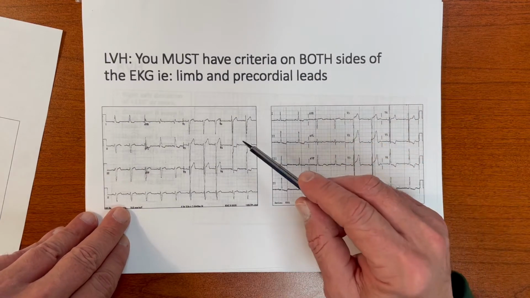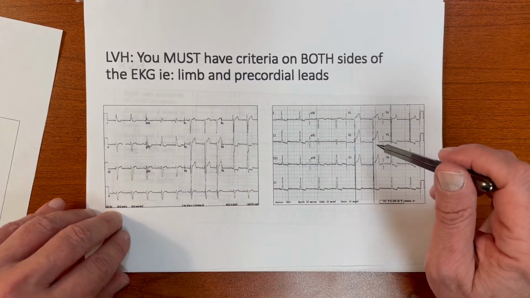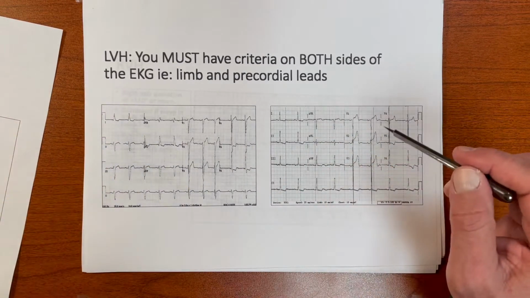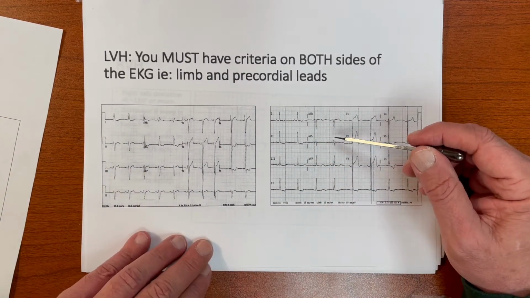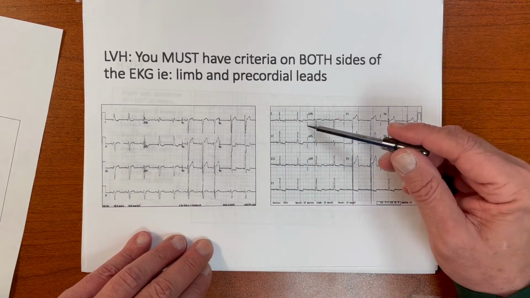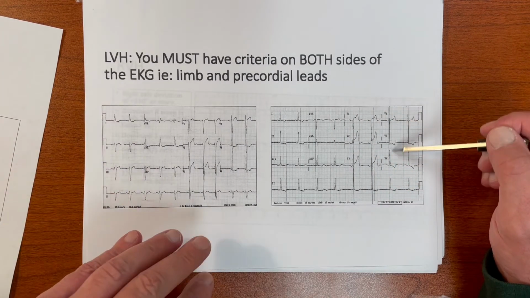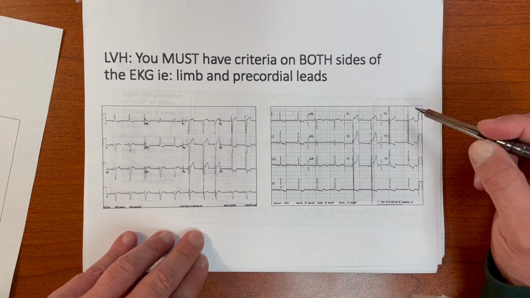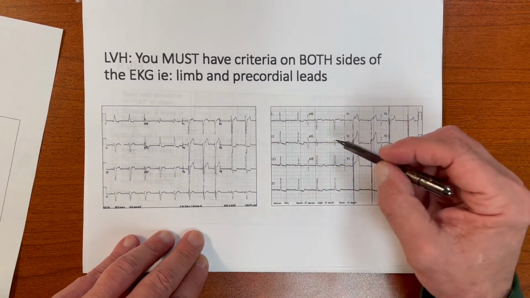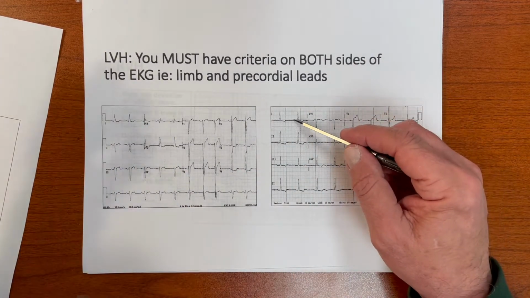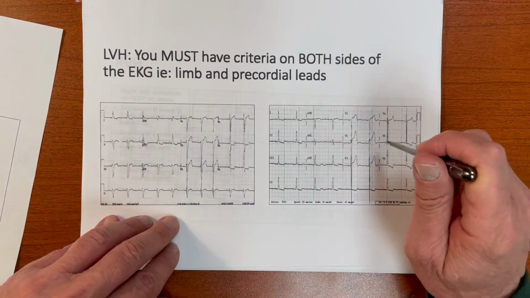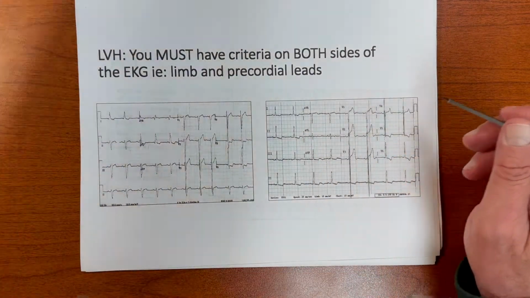Notice how on this EKG you can see changes on one side of the EKG. This is comparing. Here, look at AVL, no voltage at all. All the changes of repolarization of LVH are in the precordial leads, and you don't see anything of LVH in the limb leads. So that's why we use criteria for both.